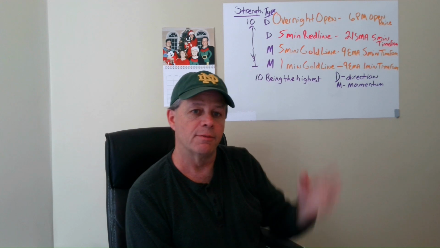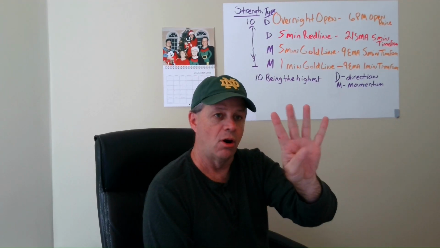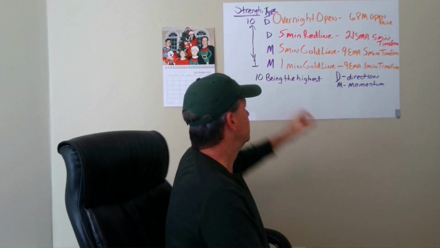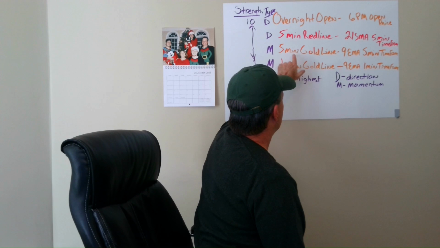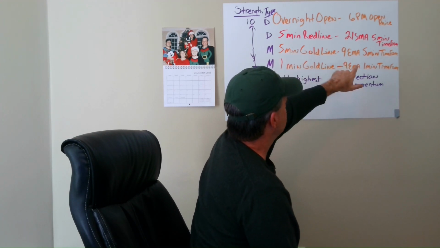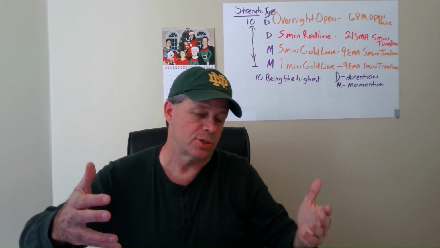I look for trades off of all four of these, but the type of trade you're taking and how you manage the trades differ by the fact that these two right here, the 5 minute 9 EMA and the 1 minute 9 EMA, are momentum trades.